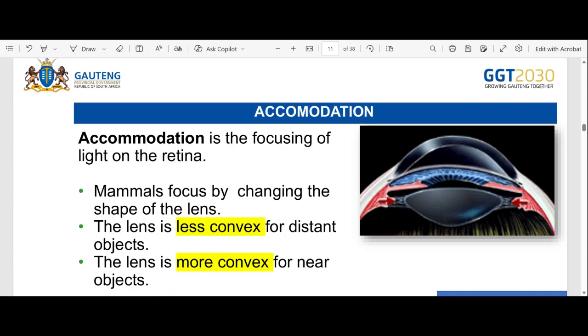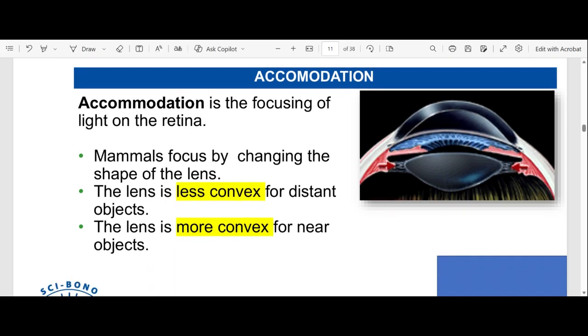Let's go to accommodation. So what's accommodation? Accommodation is the ability of the lens, because we're speaking about the lens whenever we're speaking about accommodation, to alter its shape for clear vision, with regards to an image that is less than 6 meters or more than 6 meters.